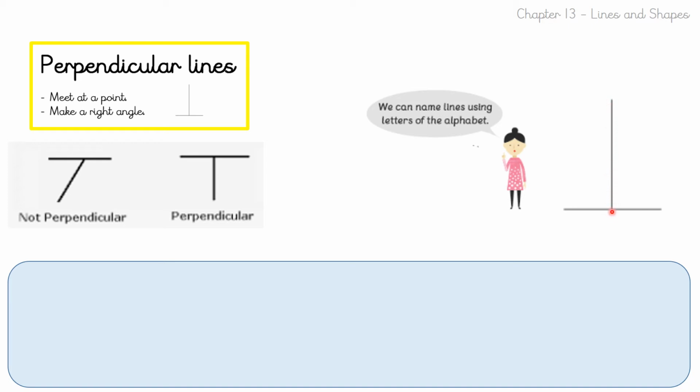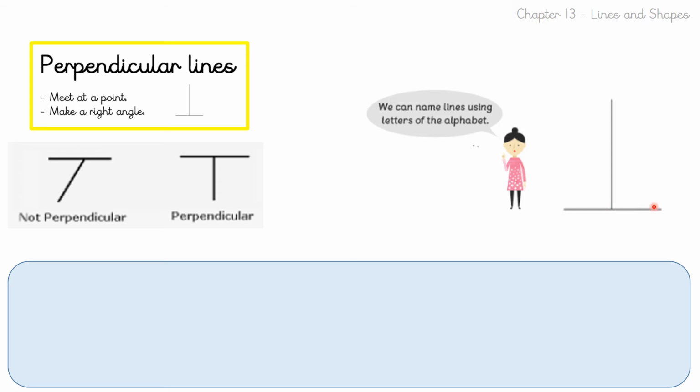So that's just to help us refer to them when we want to explain what we've done. So we can just use the letters of the alphabet in order to name them. So you need to name both ends of the line. So A, B, C, D. So line AB is perpendicular to line CD.